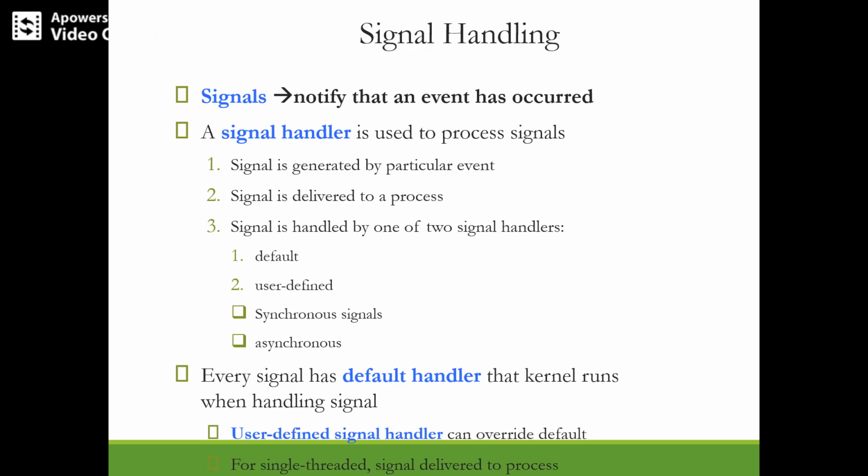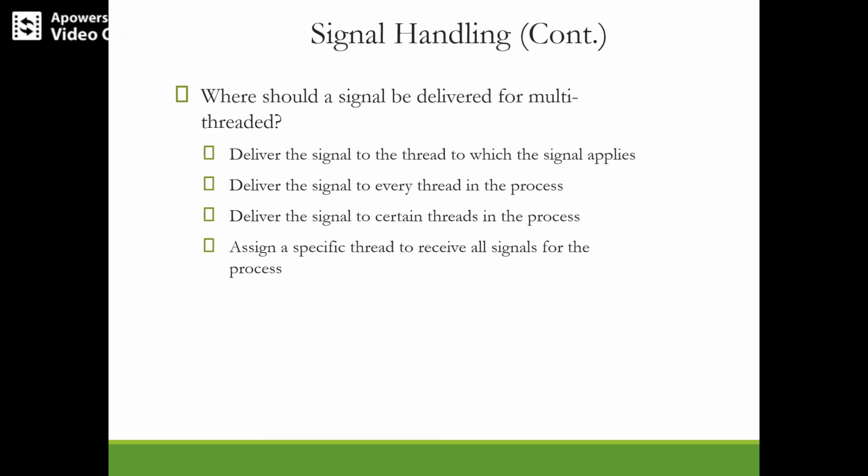Signal handling: where should a signal be delivered for multi-threading? There are some conditions as to how signals can be delivered. We can deliver the signal to the thread to which the signal applies, or deliver the signal to every thread in the process, or deliver the signal to just a few threads in the process, or assign a specific thread to receive all the signals.